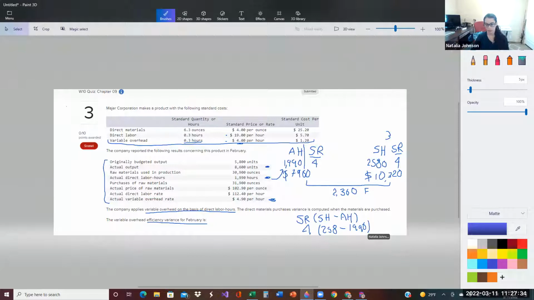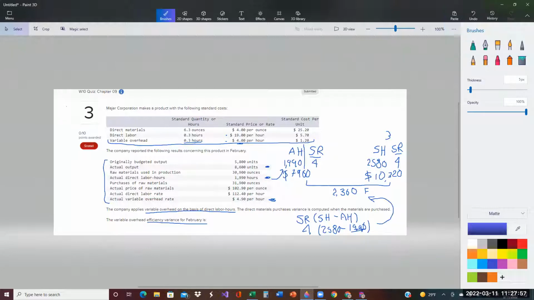And all of that will give us the same number. And you know that it's favorable because, again, 1990, which is the actual, is less than the standard hours. Okay, any questions for this one?